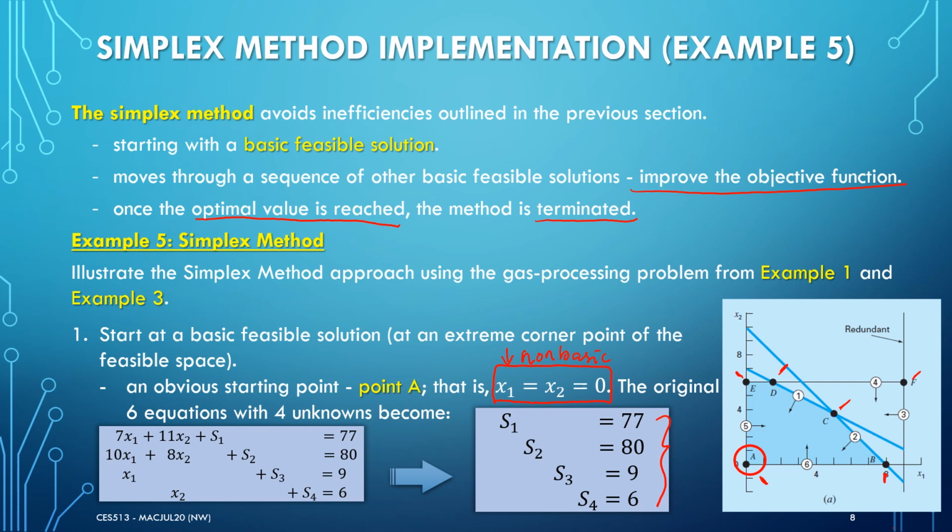Thus, the starting values for the basic variables, so all these are the basic variables, are given automatically as being equal to the right hand side of the equations. So we get the value for all the basic variables automatically from the process.